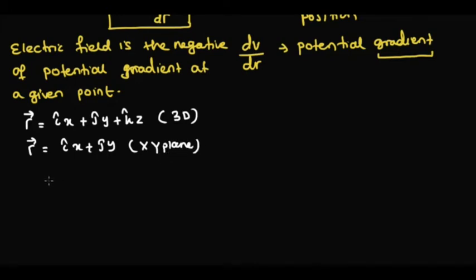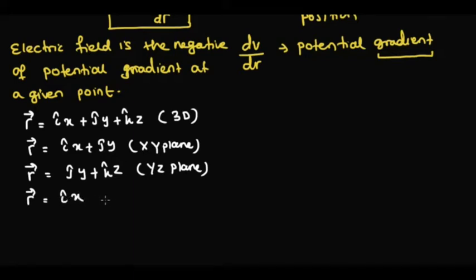And similarly, if we are in yz plane, then r vector can be written as j cap y plus k cap z. This is in yz plane. And similarly, if we are in xz plane, then r vector is equal to i cap x plus k cap z. This is in case of xz plane. And similarly, we may find a point along x-axis or along y-axis or along z-axis.